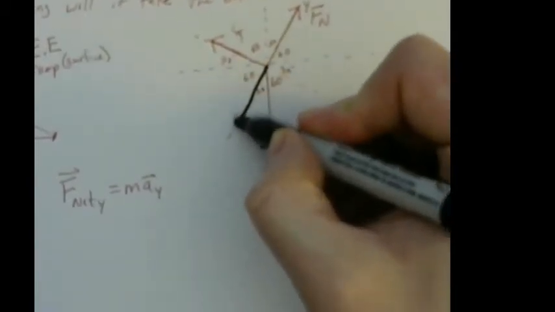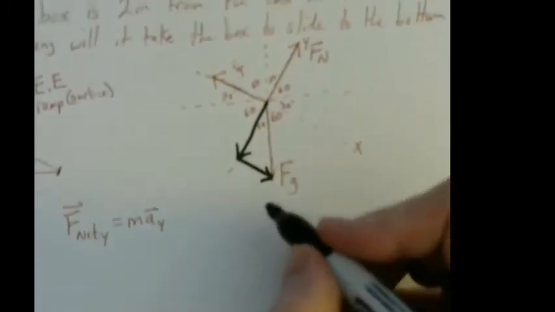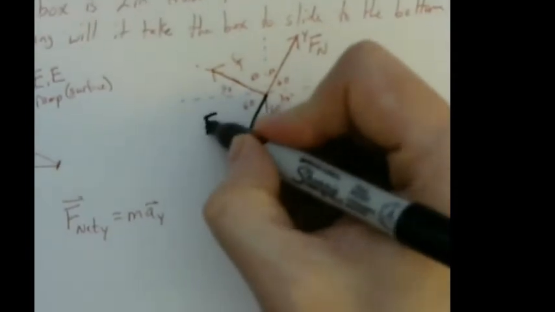One component, there's the other. 30 degrees up there. This is then F_G parallel to the x-axis, so we call that F_Gx. This one is F_Gy because it's parallel to the y-axis. Now we have 4 forces. One has been replaced by these 2. 4 forces which are all parallel to one of our cardinal axes.